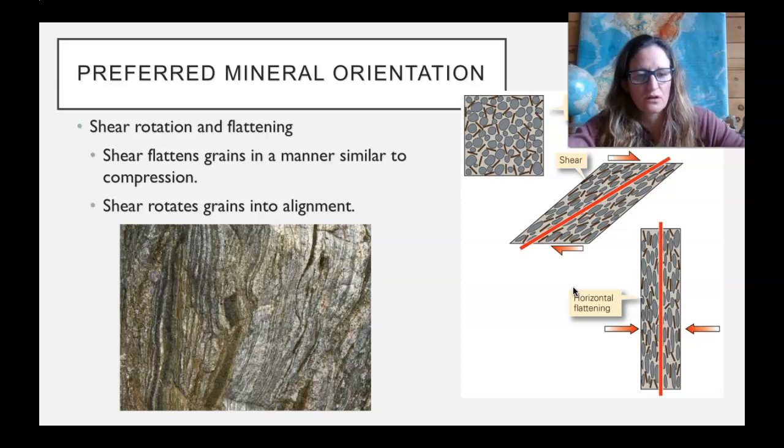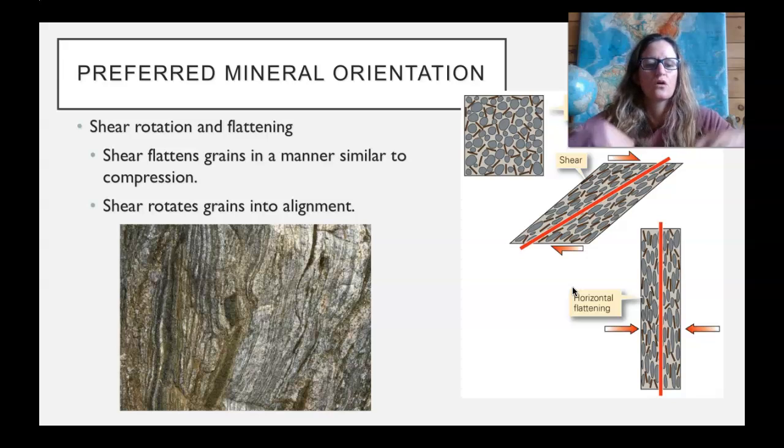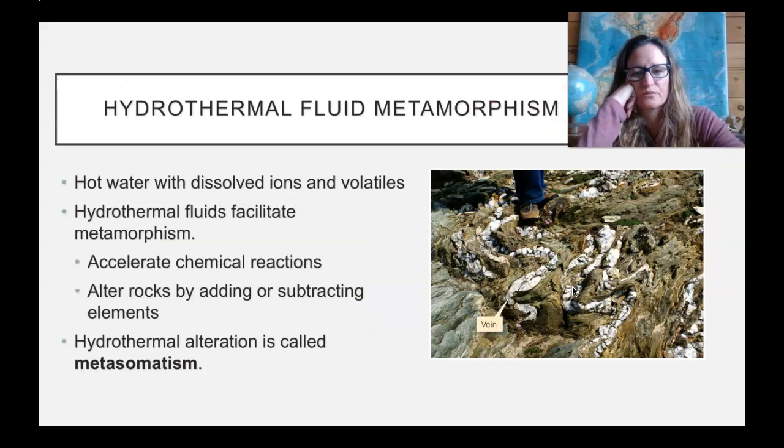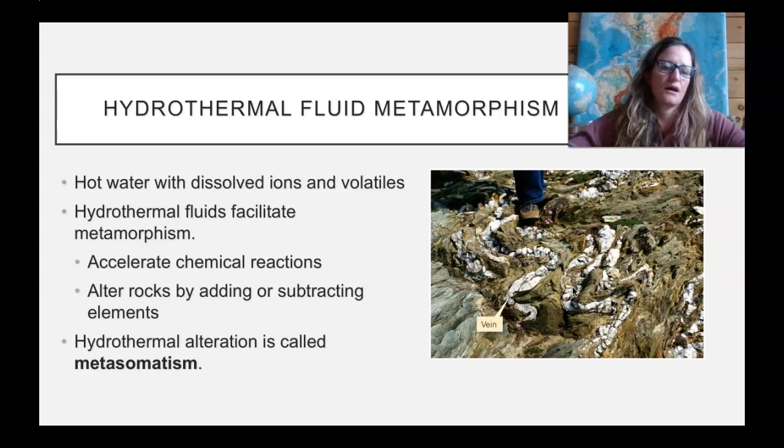They start to elongate, become more oval shaped. So we start with the round crystals. We can shear them over, or we can just flatten them and squeeze them in directed pressure.